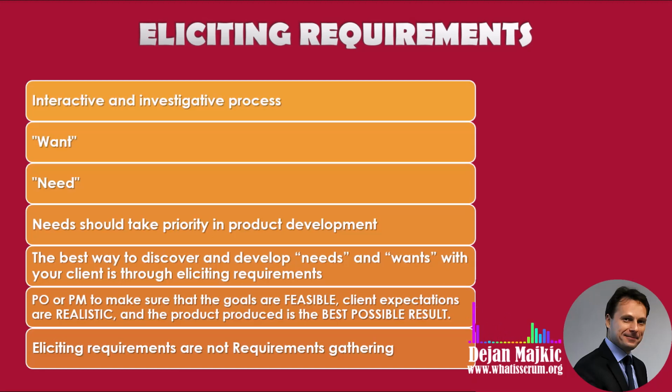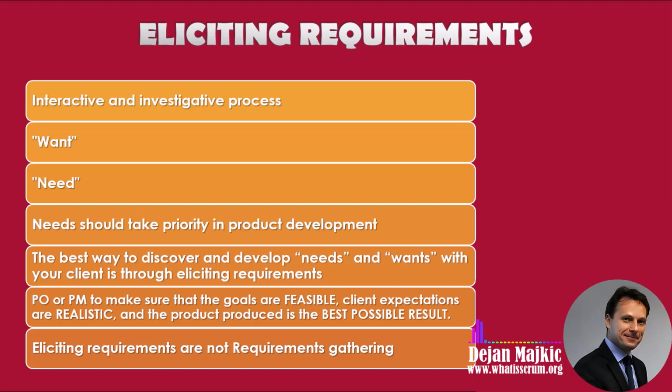Now let's repeat one more time. This is very important. There is a key difference between gathering and elicitation. That difference is how you, as a product owner or product manager, interact with a client. The word gathering is typically used to describe the act of asking your client for a list of things they want to be done.